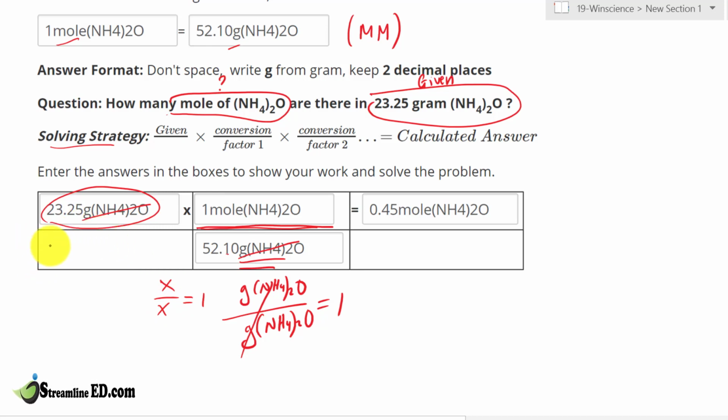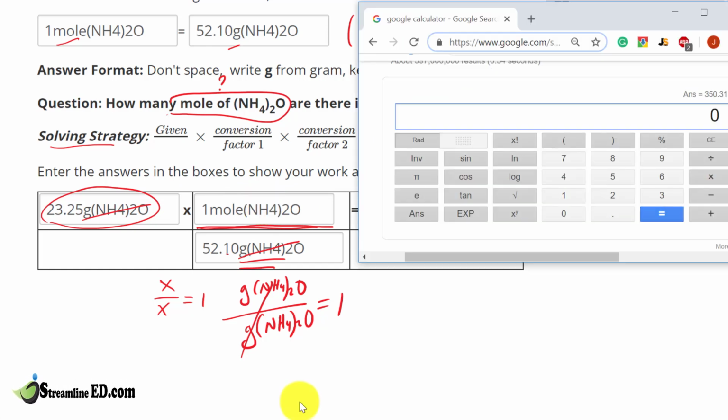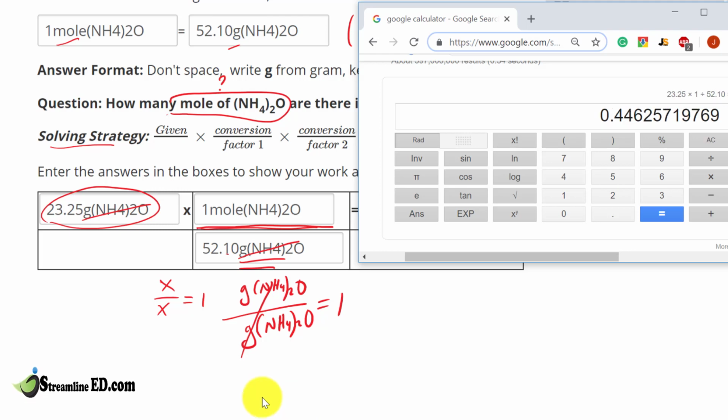And to do this, now we just have to multiply. Multiply everything on top and divide every single number on the bottom. In this case, we have 23.25 multiplied by 1, which is equal to itself, and we divide everything by 52.10. And what do we have? 0.446.